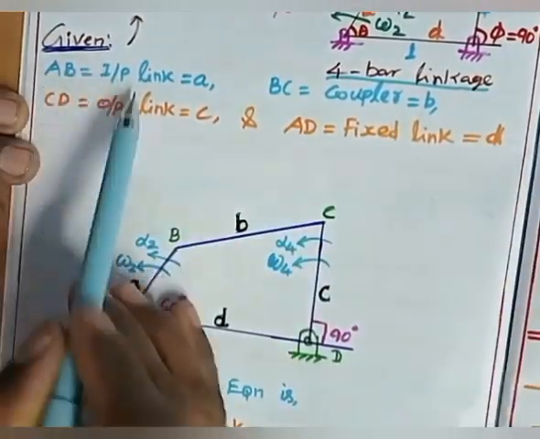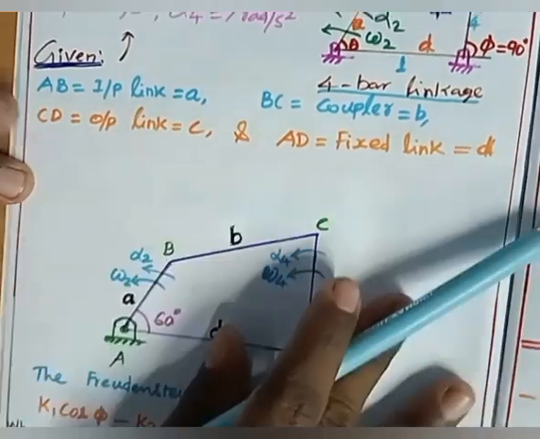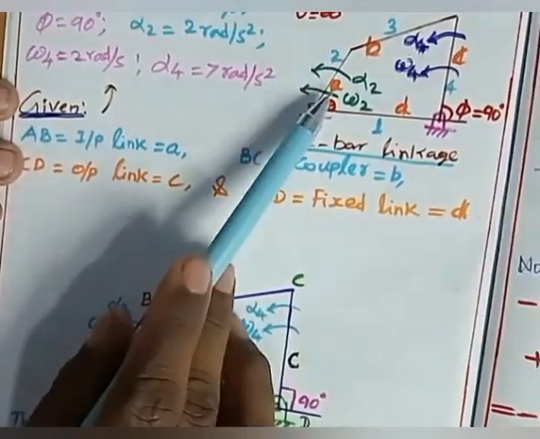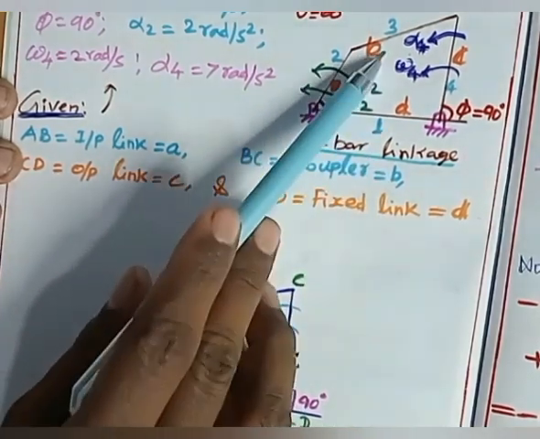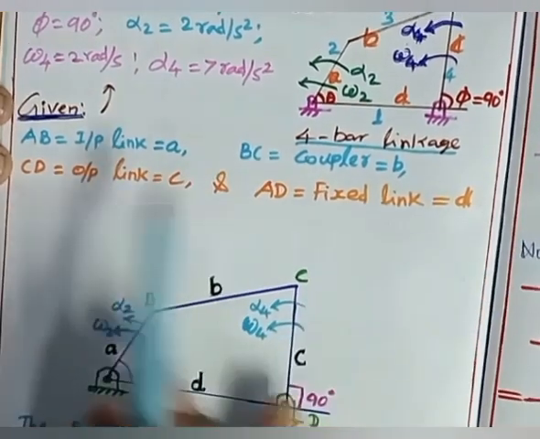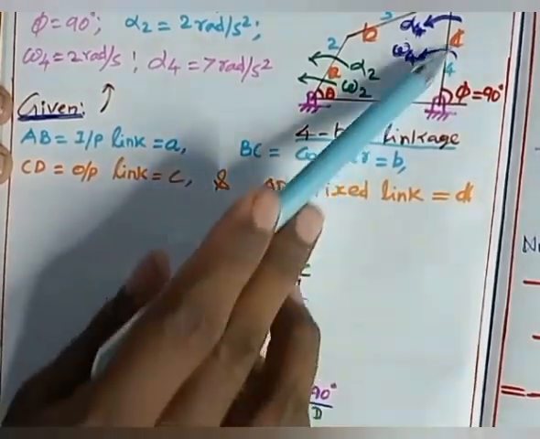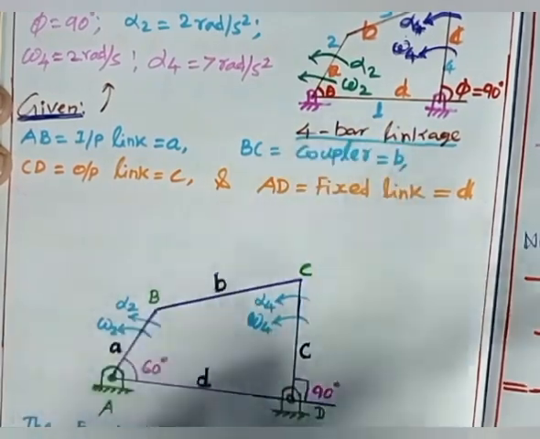First of all, write down the given data. AB equals the input link, called a. BC equals the coupler, b, and CD equals the output link, c. AD is the fixed link, the frame.